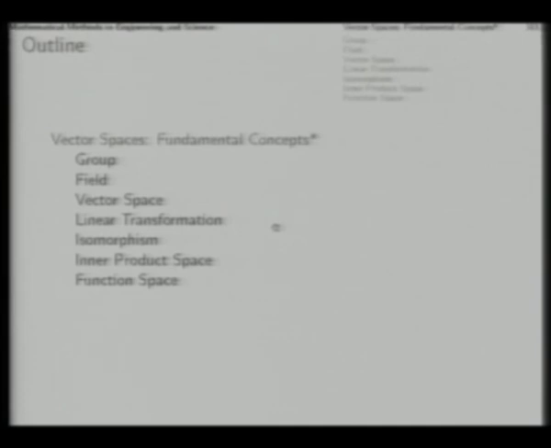We quickly recapitulate the definitions of group and field, and then continue the discussion on vector space, linear transformation, etc., in which we find that the mathematical and computational tools with which we have been working till now are all the product of the basic abstract ideas in this area.